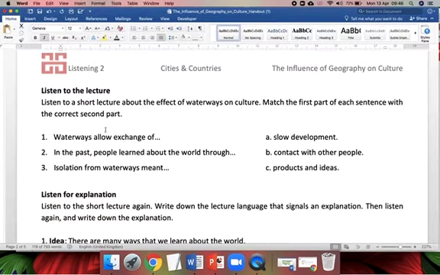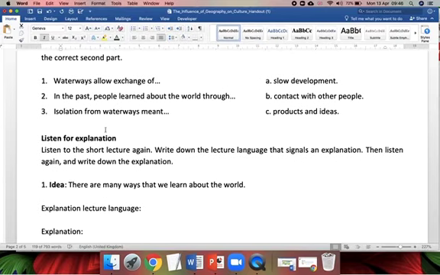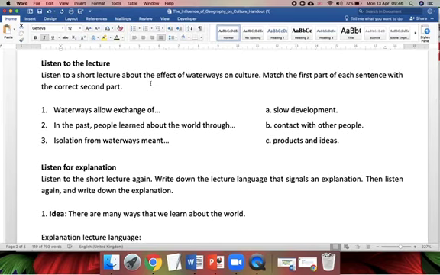Once you've done it, check with the transcript. You can find the transcript in the same folder. You can pause here while we are working with the transcript.